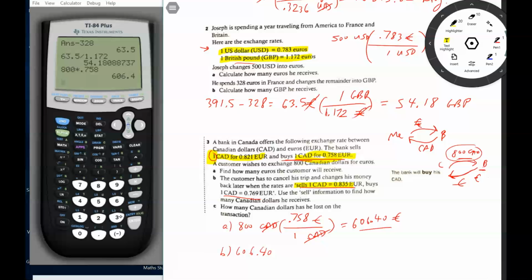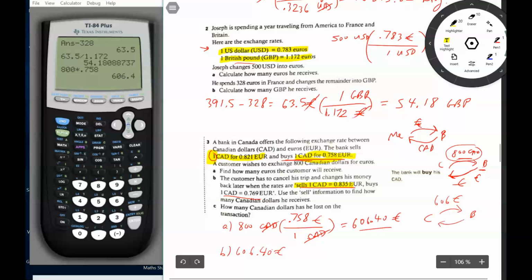He wants to change it back to Canadian dollars. If he is giving 606 euros, so this is the customer and the bank, and he's giving 606 euros, then the bank must be giving him Canadian dollars, right?